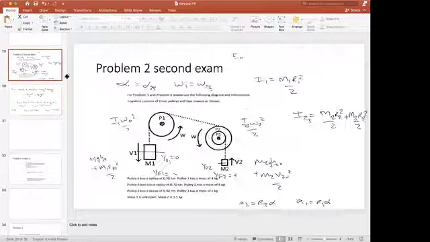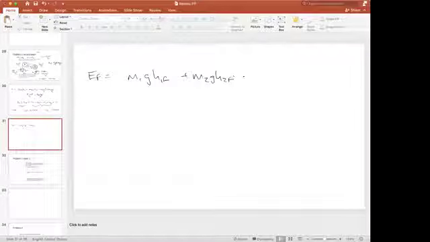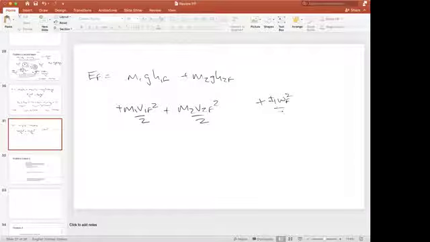So knowing that, you can find everything else, because the final energy is, again, M1 g h1 final. We just found that. M2 g h2 final. And then here's going to be the tricky part. M1 v1 final squared plus M2 v2 final squared over 2 plus I1 omega final squared over 2 plus I2 omega final, I'm going to call this I23 over 2.